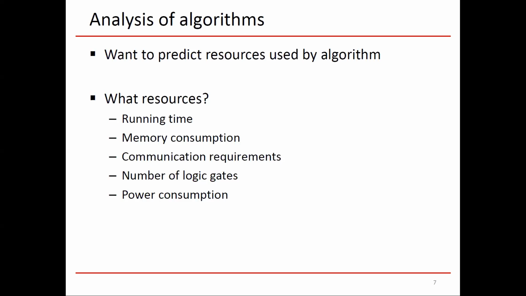If you're implementing things in hardware, the number of logic gates could become your bottleneck. Power consumption on a chip: if you're designing a chip and it consumes, let's say, 500 watts of power, your circuit may overload, or your battery time may go down. So there are a lot of resources that could be used. We're primarily going to look at runtime, but let's be open-minded here.